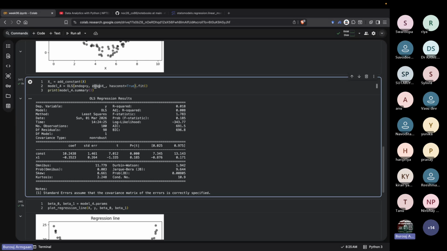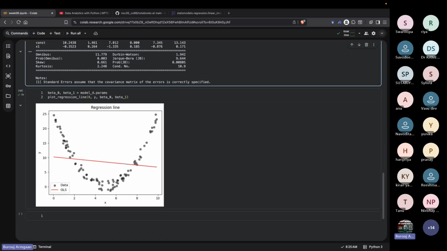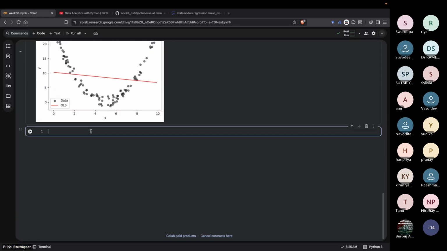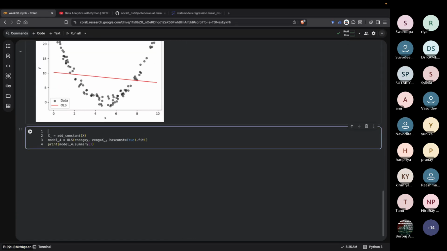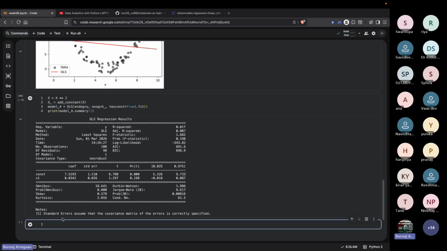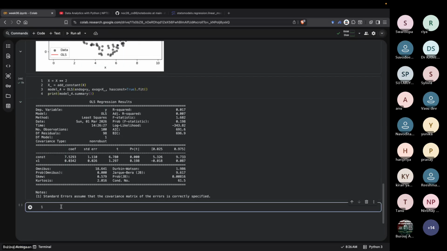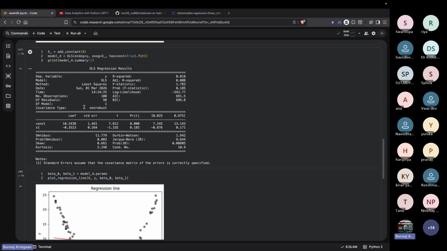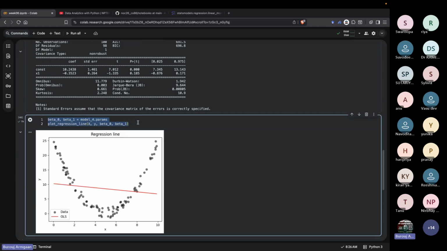Okay, suppose we do something like this. We say x is equal to this, and then we print this. Let's see whether we can get the values in this case.